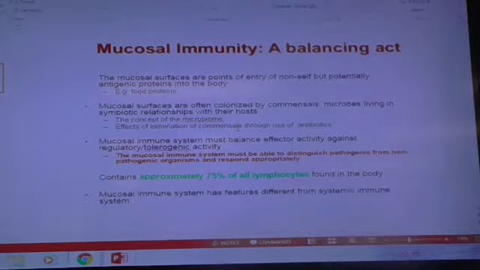Say for example, the newborn gets all those good commensal bacteria from the mother during the natural birth process. But what happens, you might think, if you deliver a puppy by C-section? It's not exposed to those good commensals of the mother if you are just doing C-section.